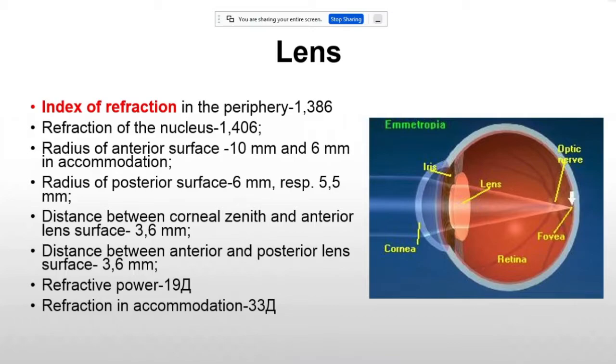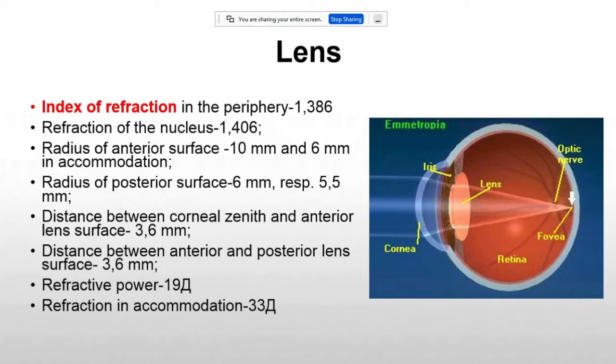We'll see in detail later on in the lecture, but with the contraction of the ciliary muscle and the zonules loosening, the lens can become flatter and refract more, up to 33 diopters. And actually, this is a mechanism for clear vision at different distances, not only at distance but at near.